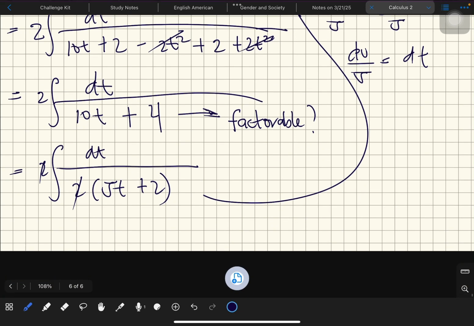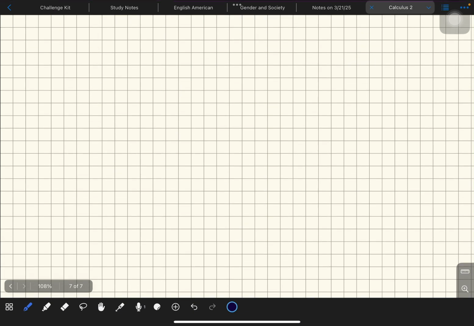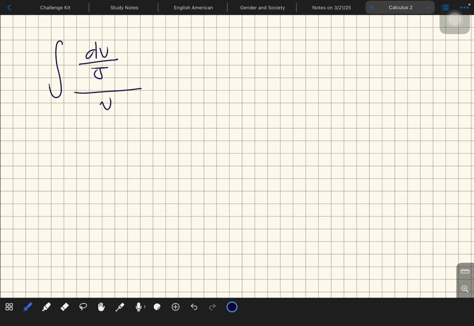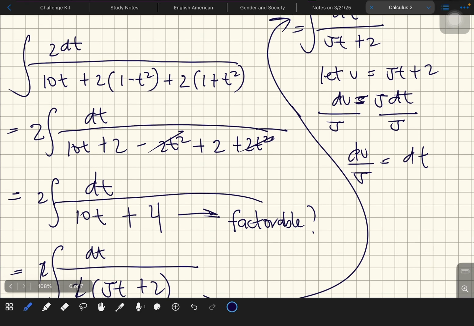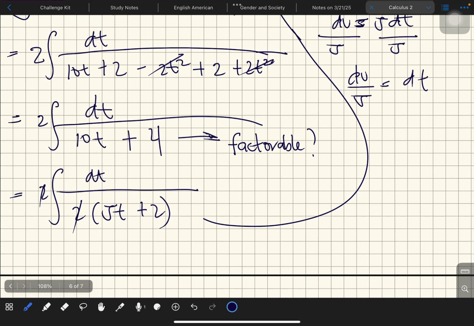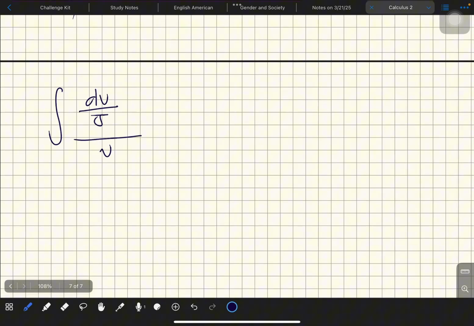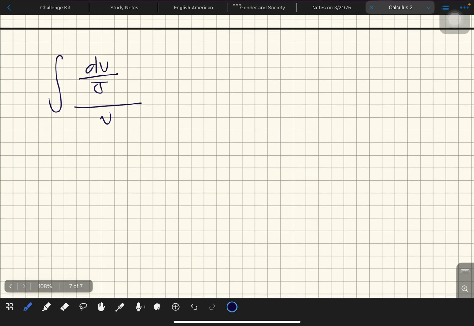So let's have another page. Our integral now is du over 5 over u, because we let u be 5t plus 2, and dt is du over 5. So take the constant out of the integral, and it will become 1 over 5 times the integral of du over u.